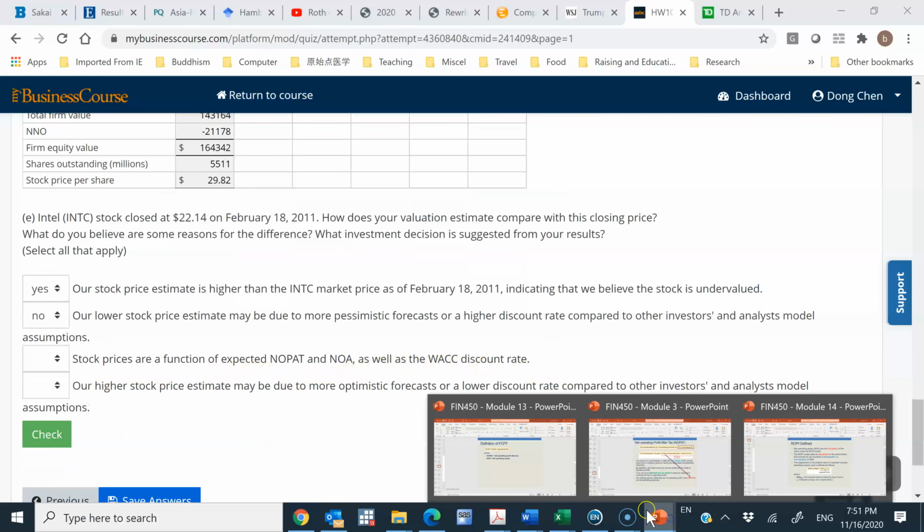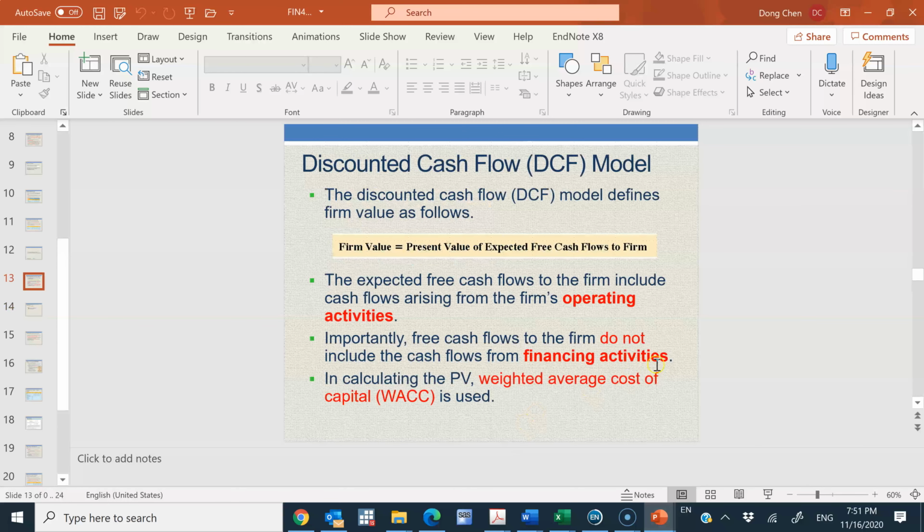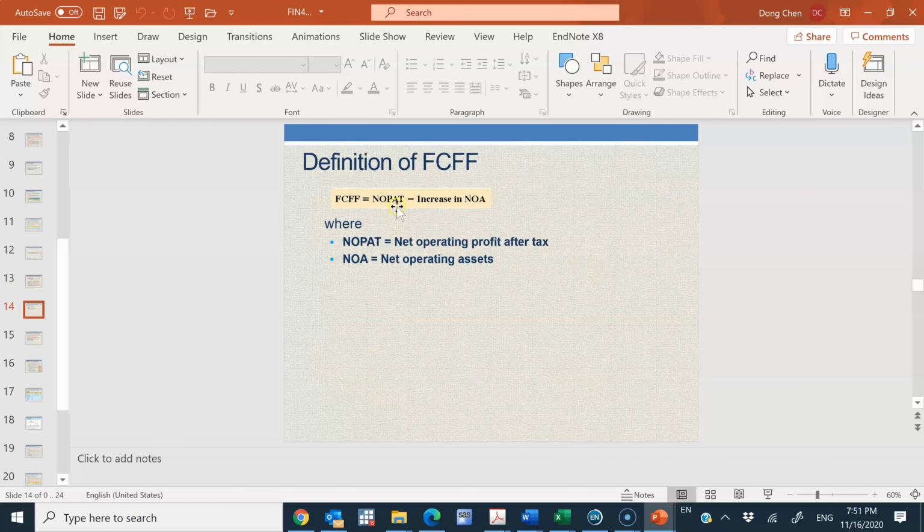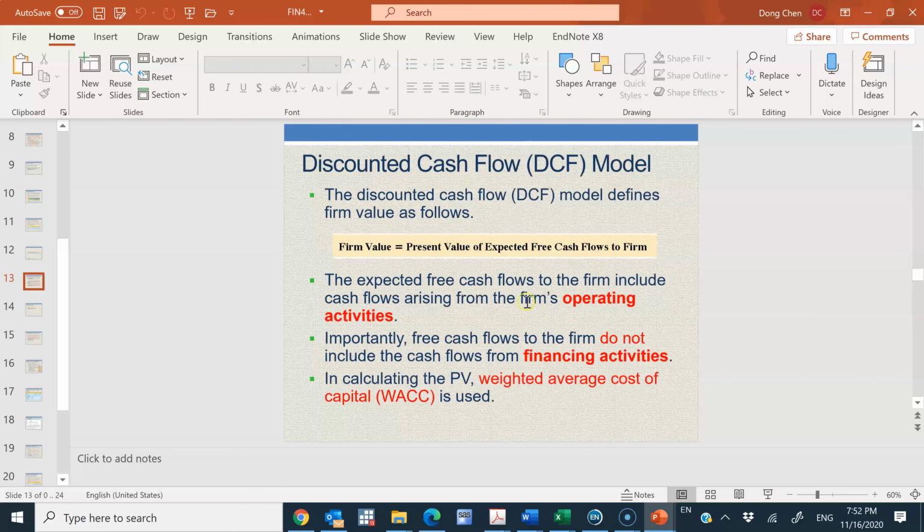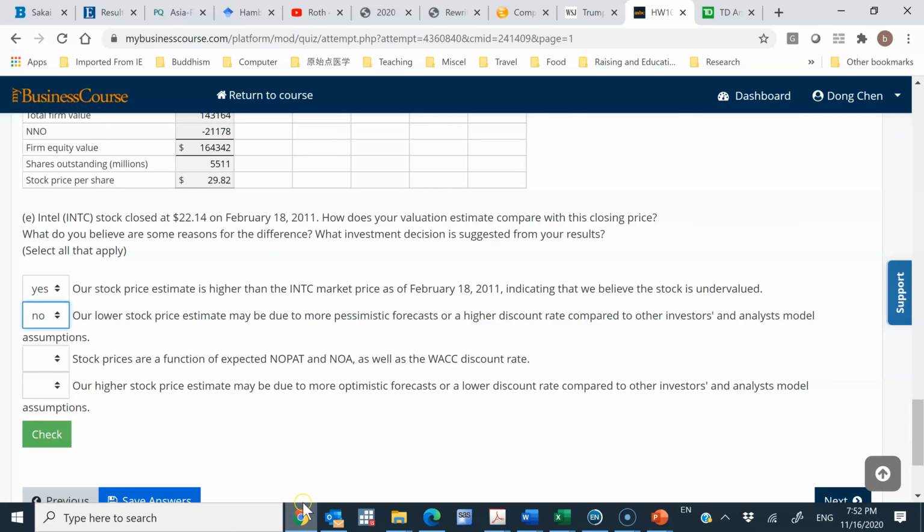This is true because, if you look at the discounted cash flow model, firm value, and hence the equity value, is the present value of the expected free cash flows of the firm. Further, free cash flow depends on NOPAT and NOA, and the present value depends on the discount rate. So ultimately, the stock price is a function of the expected NOPAT and NOA as well as the discount rate.